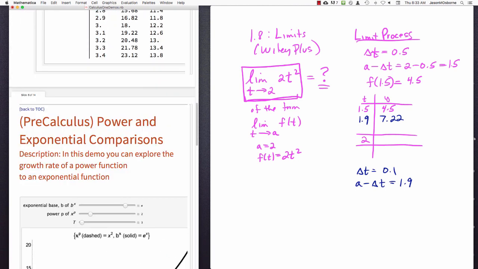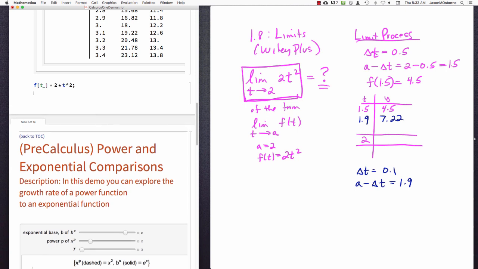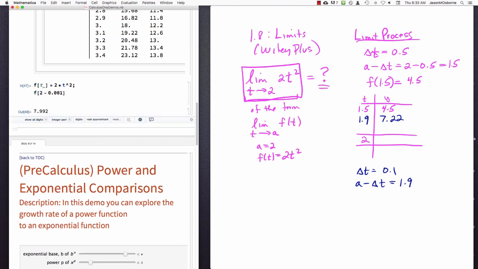Just using your calculator, if you have the function, you put this in, for example, 2 times t squared, and we want the point of interest 2 and we want delta t to be, say, 0.001.